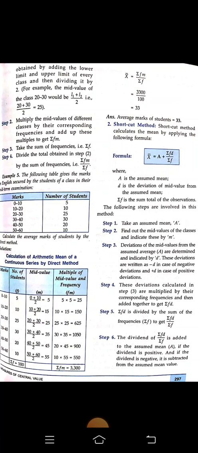Number of students also we are writing, we are summing it up also. Mid value we have to find out. And after that we have to do the calculation, that is derivative from the assumed mean. Then we will get the multiplication of derivative and the frequency FD. Then we can apply this short formula.